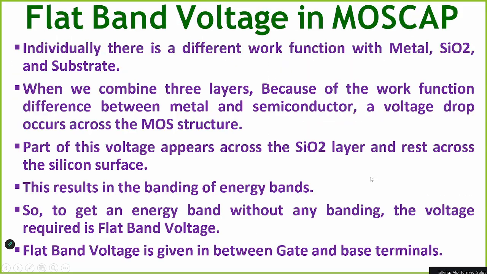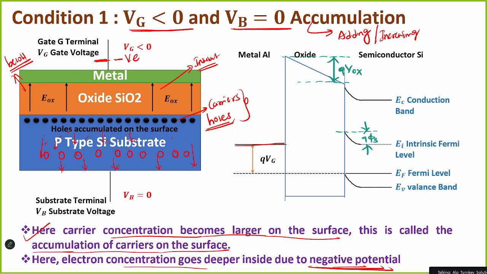In the accumulation region, whatever the increase in the ramp in the oxide layer, it will be decreased by Q into VOX. After that the conduction band also follows, and you get the intrinsic level like this.